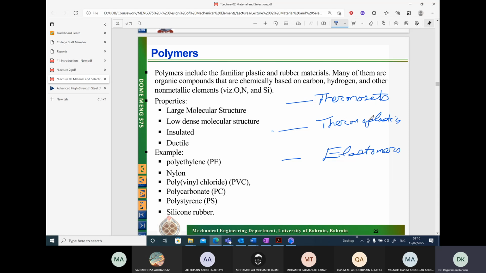Thermoplastics are materials which we can melt and form it into different shapes again and again. Elastomers, on the other hand, are usually materials like your rubber, which are extracted from trees. If you do not know, natural rubber is extracted from trees.